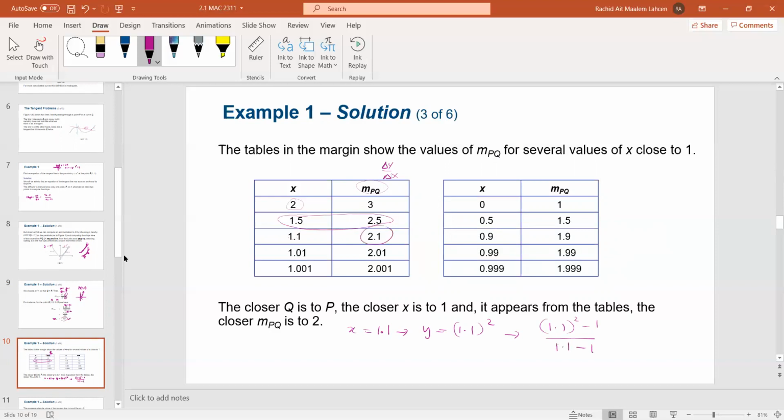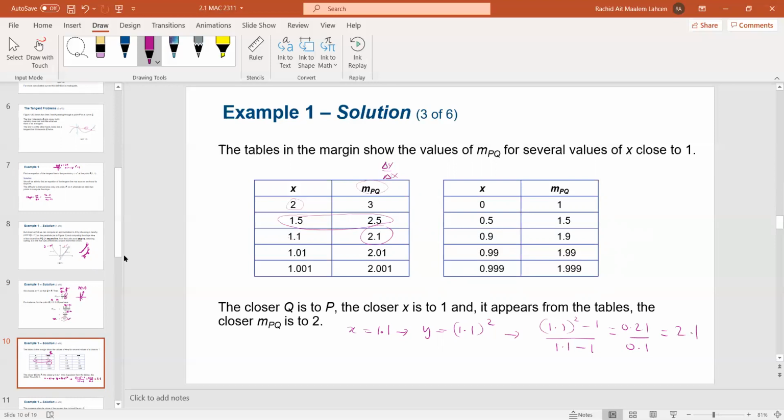So you should get 2.1. If you want, try it for a second. All right, so you should get 2.1.